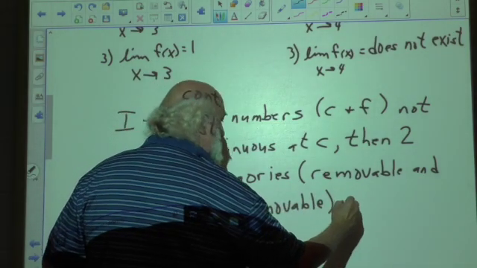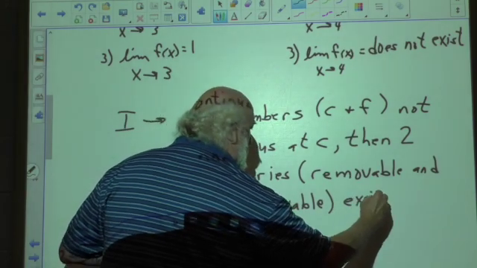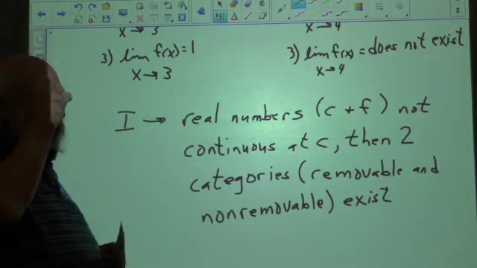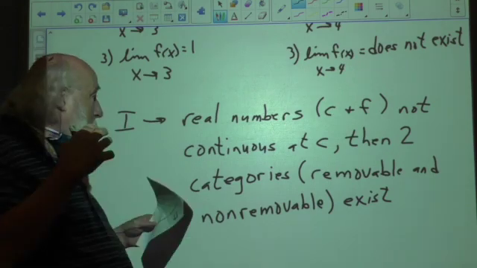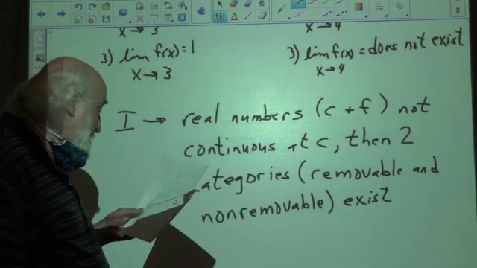Those two categories exist. So when we find a discontinuous function, we have to determine if it's removable or non-removable.